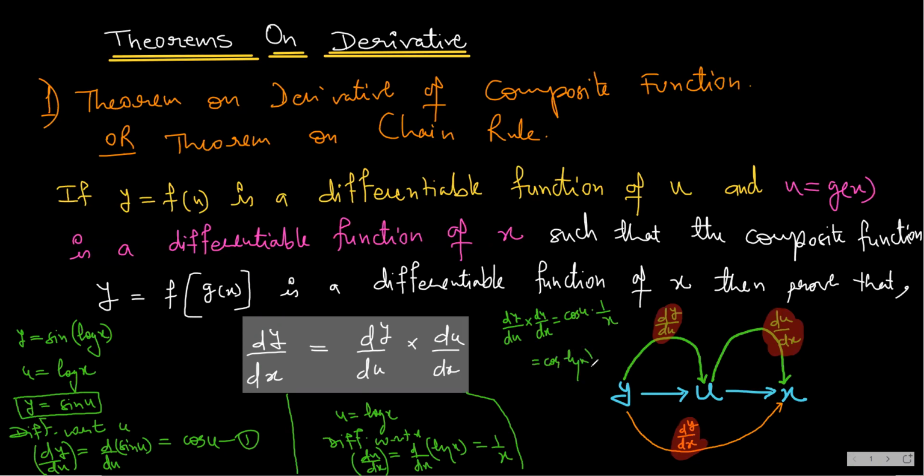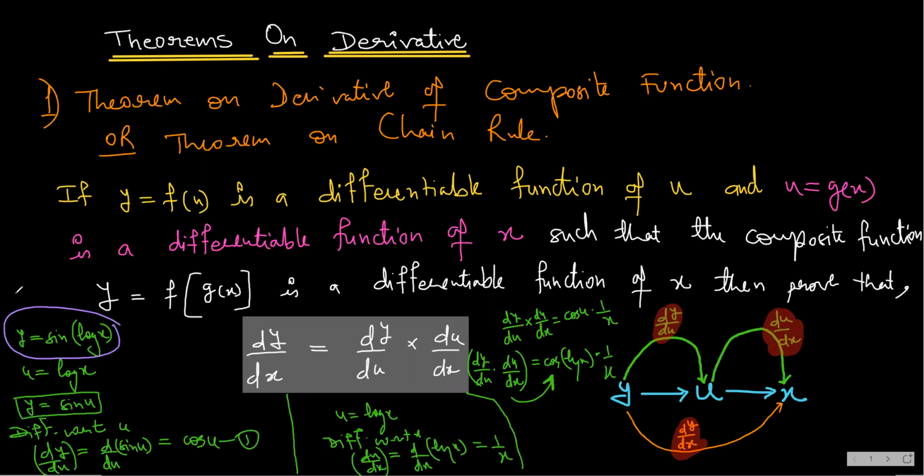Cos of log x into 1 upon x. What is this? It is dy by du into du by dx. You can check, the product of this is cos log x into 1 upon x. And if I had differentiated this directly, what would I have got? I would have got the same thing.